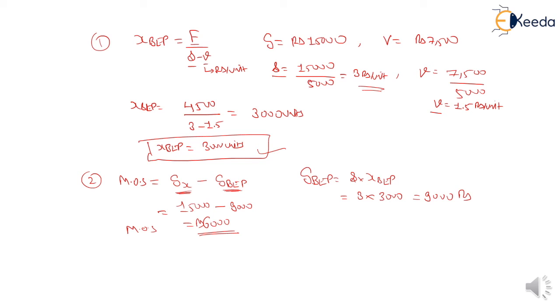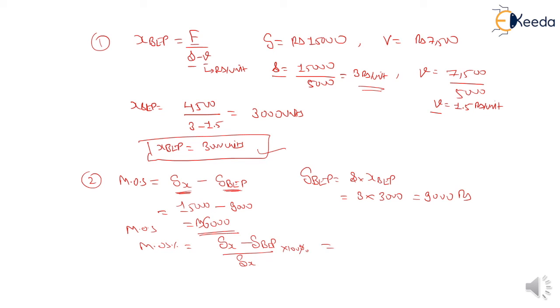But in the question, one more term is asked: the margin of safety in percentage. So the margin of safety in percentage is the total selling cost at full capacity minus the total selling cost corresponding to the break-even point, upon the total selling cost at full capacity, into 100, in percentage.